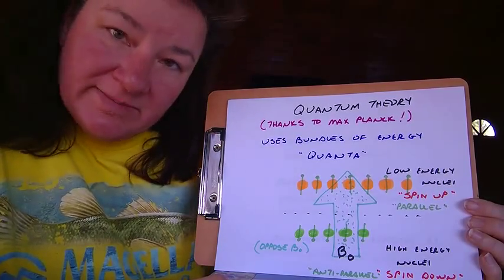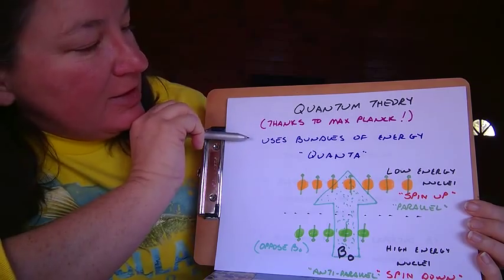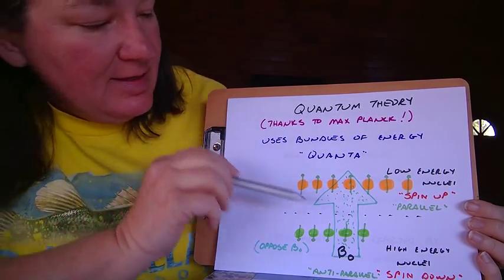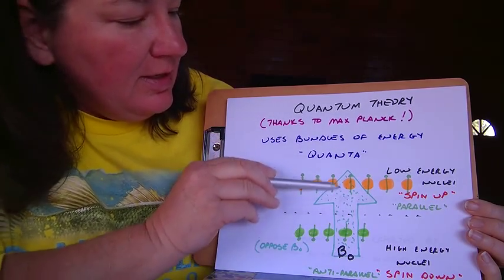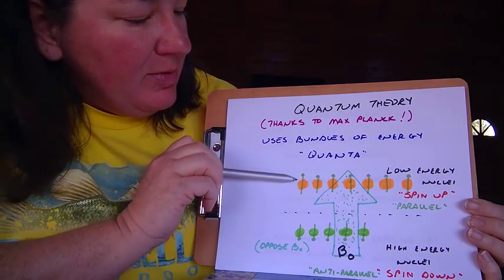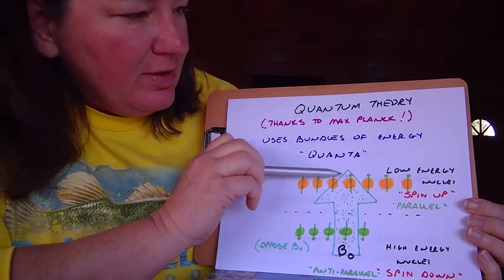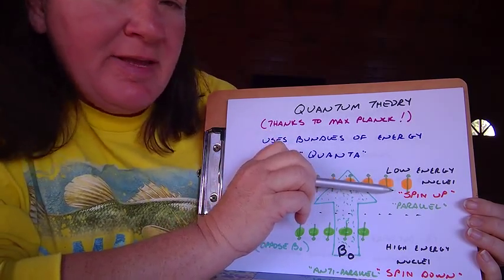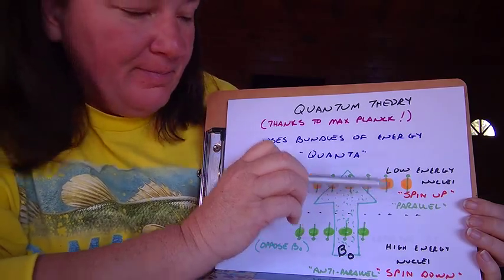Now let's talk quantum theory. Quantum theory, thanks to Max Planck, uses bundles of energy or quanta. What it says is that when you add your external magnetic force, B naught, in this direction, you have some of the nuclei lining up parallel, or going in the same direction as B naught. These are called low energy nuclei. They spin up and they're considered parallel.